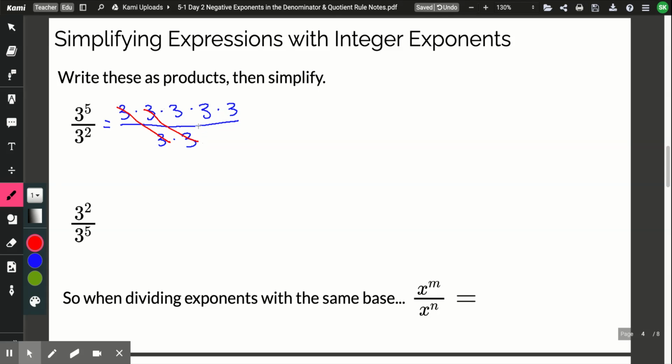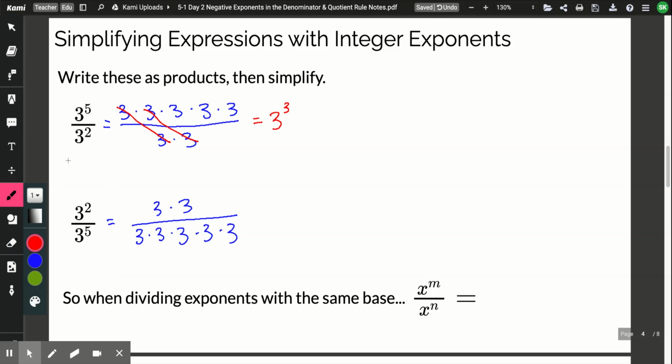So after we are done simplifying, we can get 3 to the 3rd power at the end, because there's 3 times 3 times 3. Let's look at the bottom problem. This time we have 3 squared in the numerator and 3 to the 5th power, or 3 times 3 times 3 times 3 times 3, in the denominator.